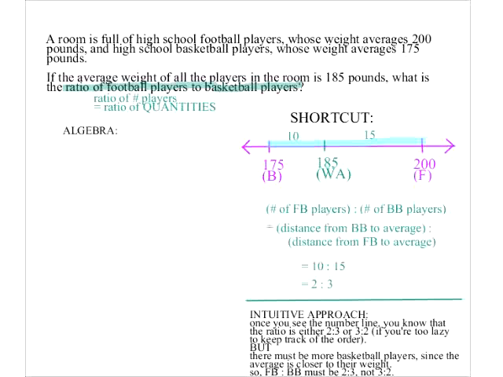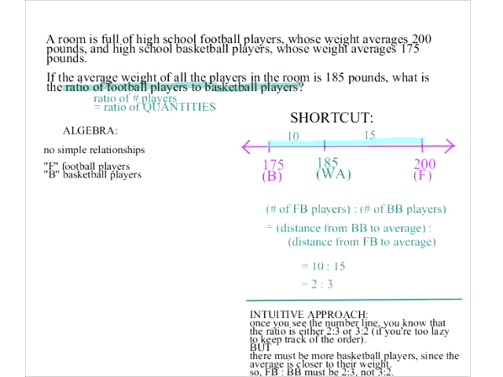The algebra is, in this case, you have to use two variables because you don't have any simple relationships. So you would say F football players and B basketball players.